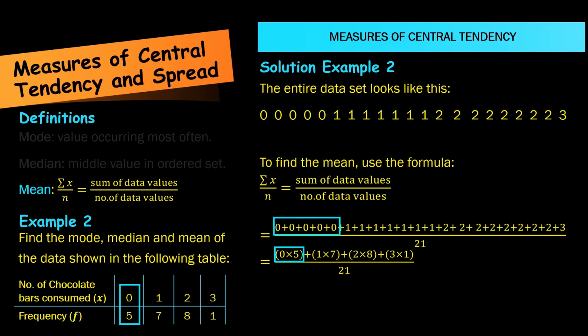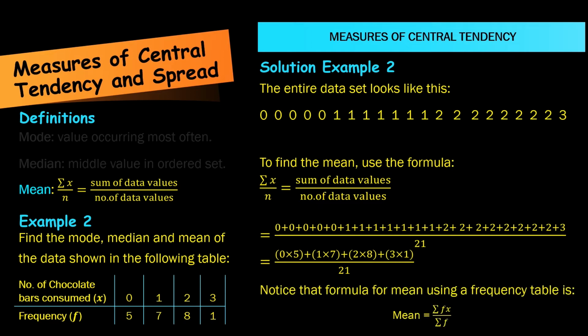So sum x is 0 times 5 plus 1 times 7 plus 2 times 8 plus 3 times 1. The formula for mean using a frequency table is sum f times x divided by sum f. And you can see how we got this from our example.